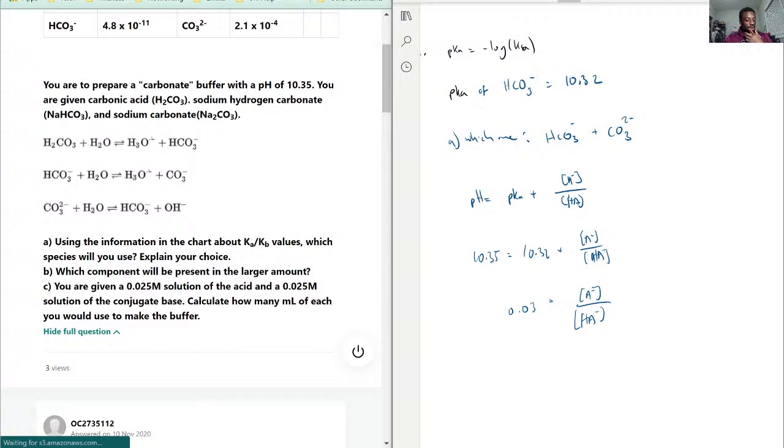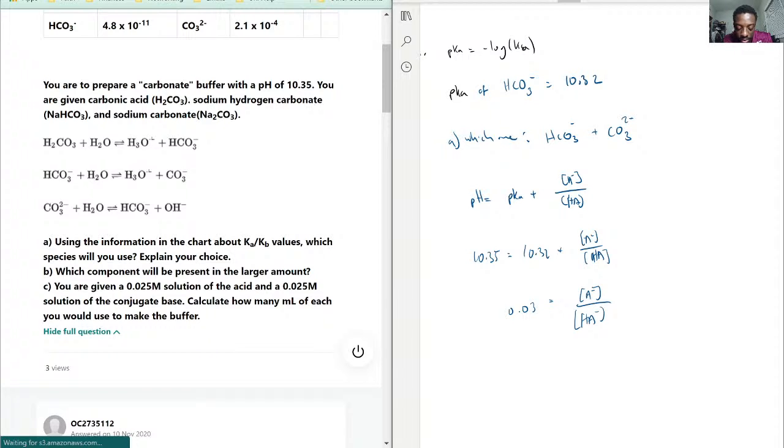So that would be that, and then we have this left. We want that pH, pKa plus that. So with this, it's just the component present in the larger amount. Just trying to make sure that I have this math correct. pH minus pKa, 0.03, is equal to the log of A over HA.